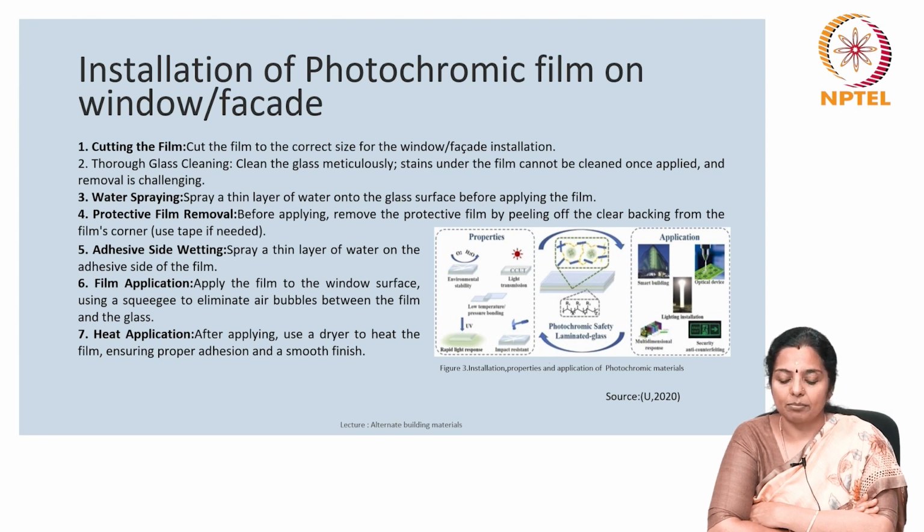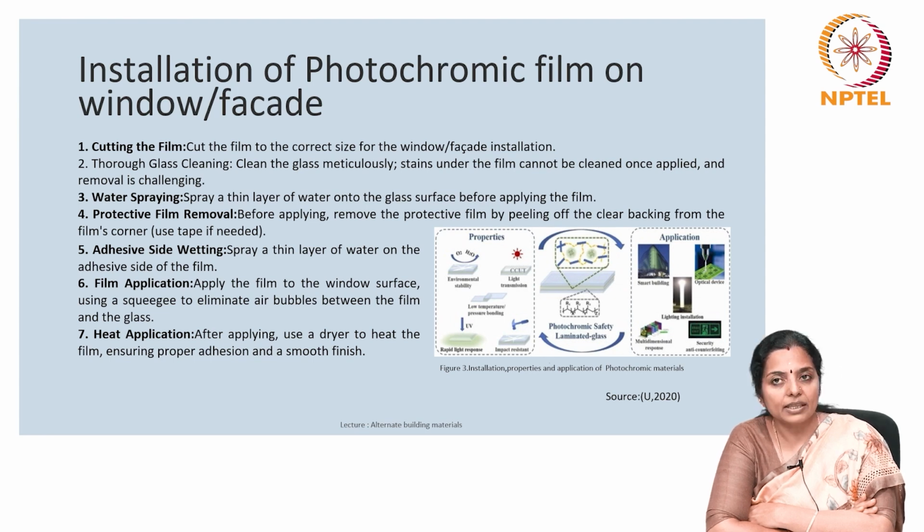Second step is thorough glass cleaning. The glass on which it has to be attached must be cleaned thoroughly, meticulously. Stains beneath the film cannot be cleared once the film is applied, and removing is another challenge, and therefore it has to be cleaned thoroughly.